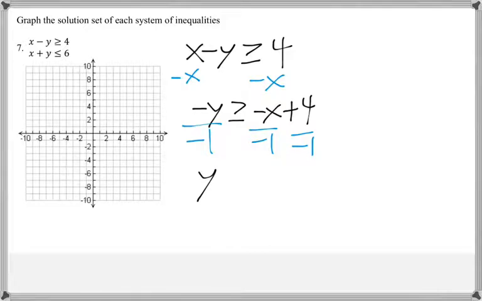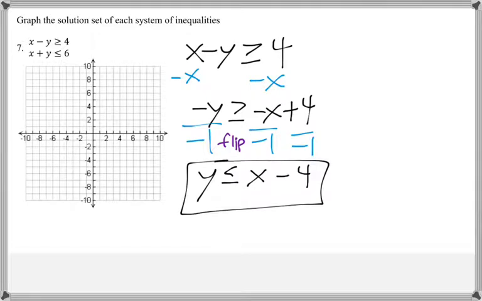So this is going to be y and x and a minus 4, but it's not going to be greater than or equal to, it's going to be less than or equal to. So this is one of my inequalities.